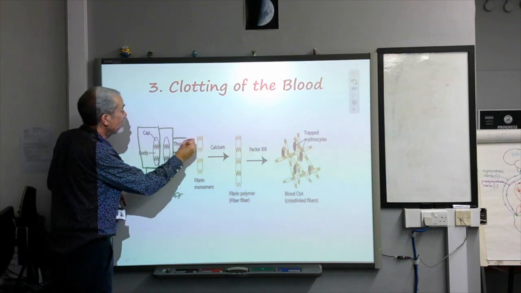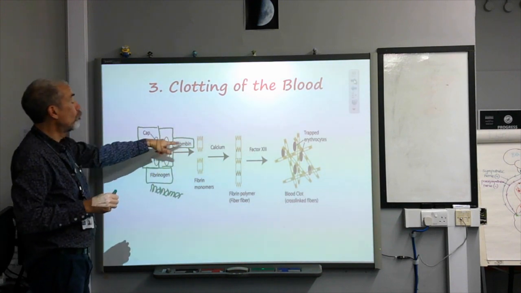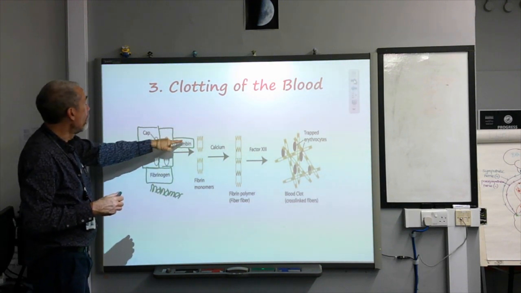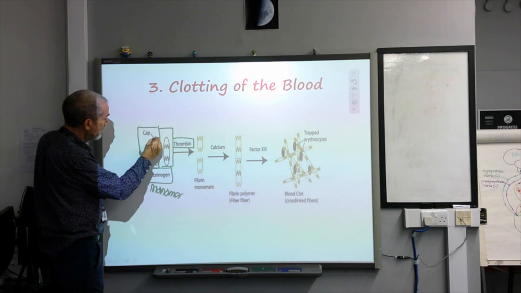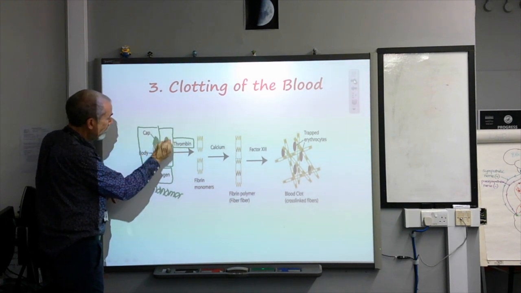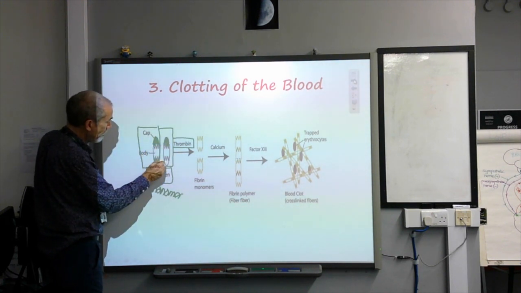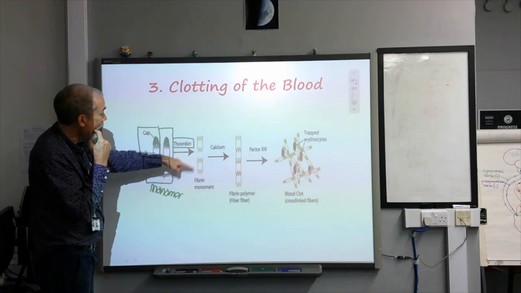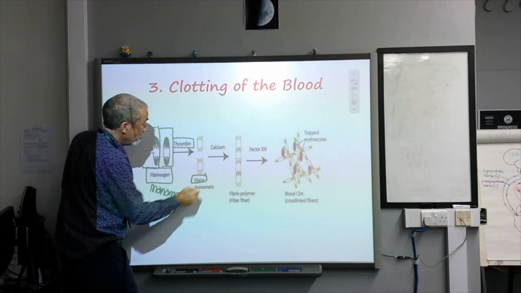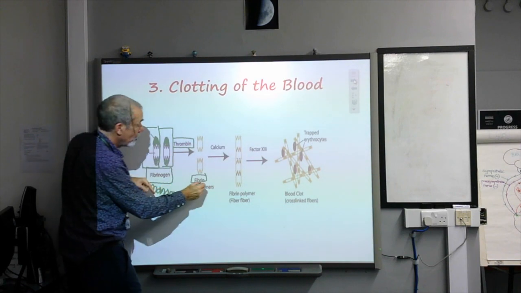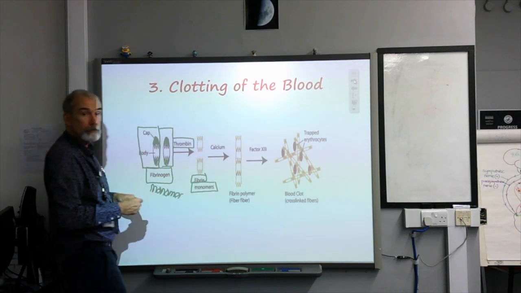Along comes this enzyme, we're going to talk about this later, called thrombin. Thrombin takes the caps off fibrinogen, leaving behind fibrin, but it's still not stuck together, so it's still a monomer.